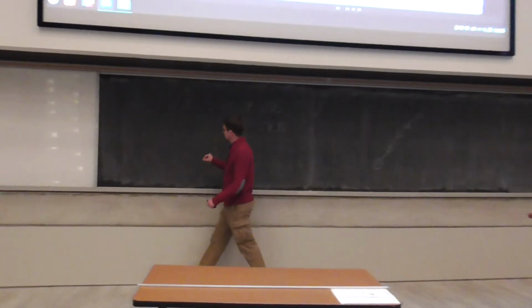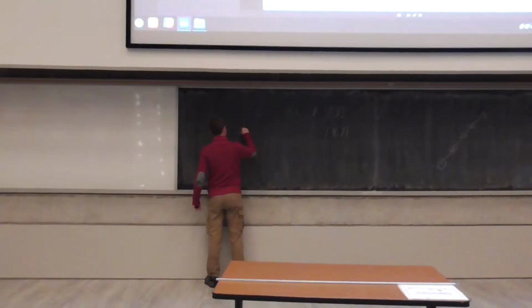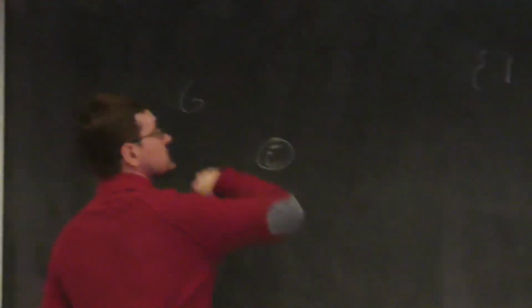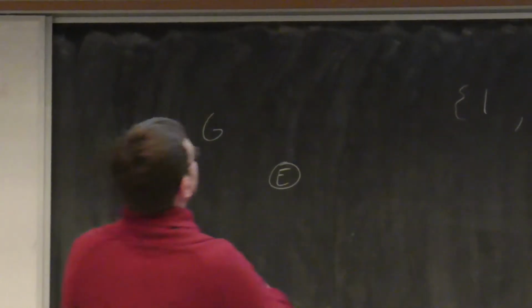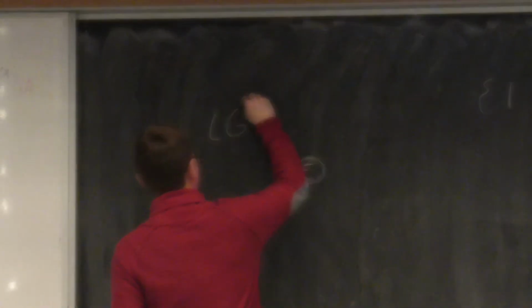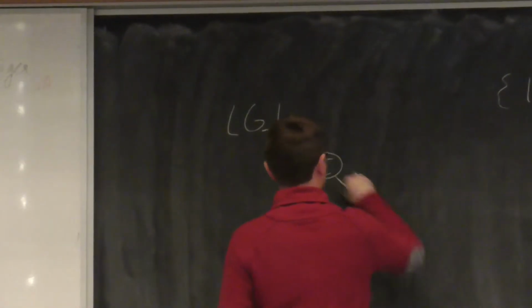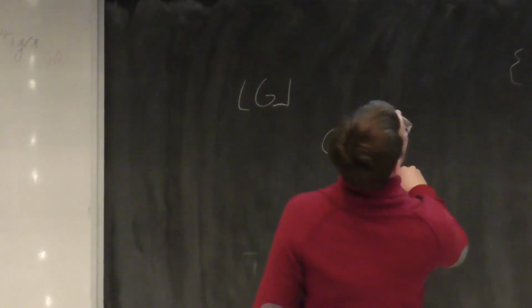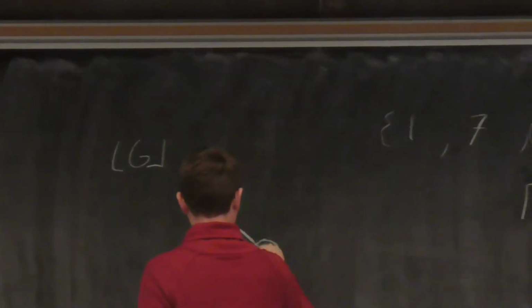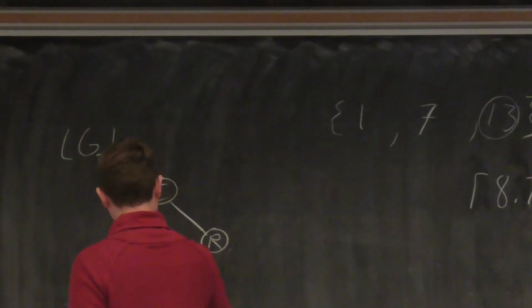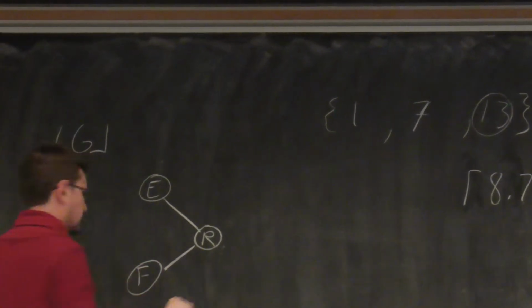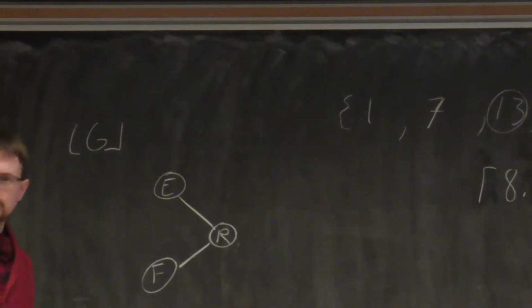So we've got, so the thing we're trying to find is floor G, right? So E, and then R, and F is the scenario, right? Yep.